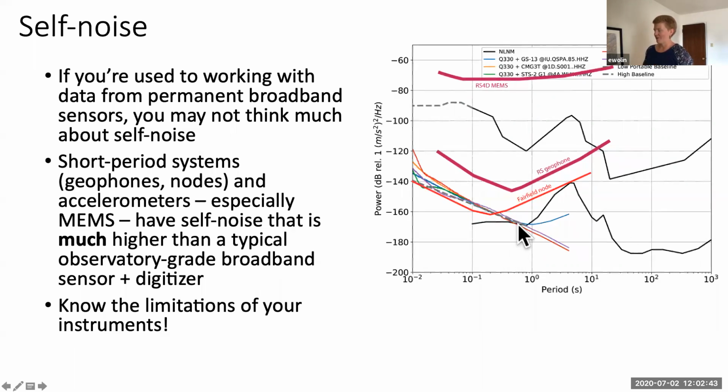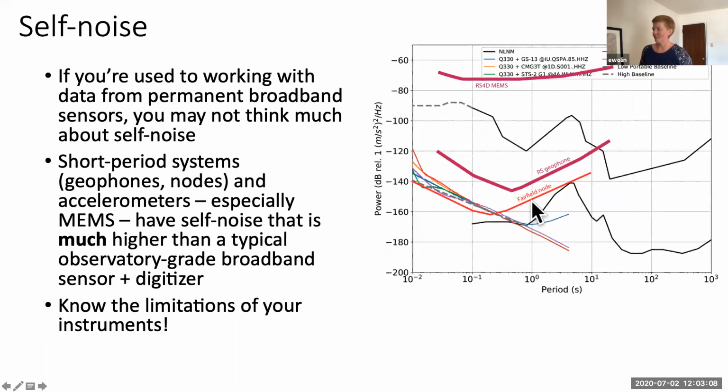So you saw on that previous slide, most of your observatory grade broadbands have self-noise that is close to or very well below ambient earth noise at a wide range of periods. But if you're working with something like a geophone or a node, and you're interested in measuring ambient background noise, you may not be able to resolve it.